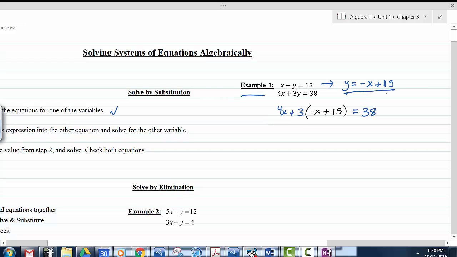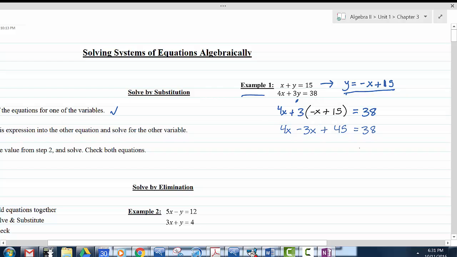Notice that y equals negative x plus 15, so instead of writing a y here, I can just write negative x plus 15. And then I can solve.